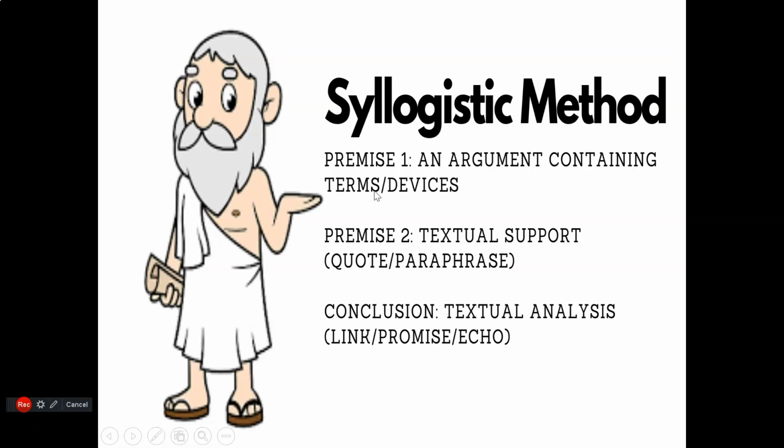Oftentimes when students write, they do 1 paragraph diction, 1 paragraph tone, 1 paragraph ethos, 1 paragraph pathos, etc. They do 1 term per body paragraph, and they write those little itty bitty 4-sentence bagger paragraphs. There's not enough analysis in there, and they certainly are not going to get the sophistication point.